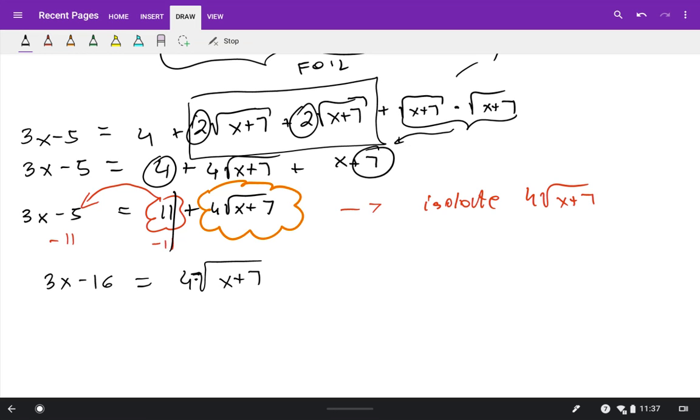So the index of this radical is 2. So to remove the radical, next you're going to bring both sides of the equation to the second power.